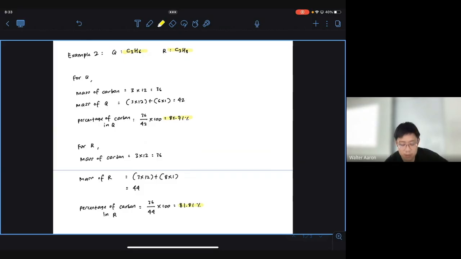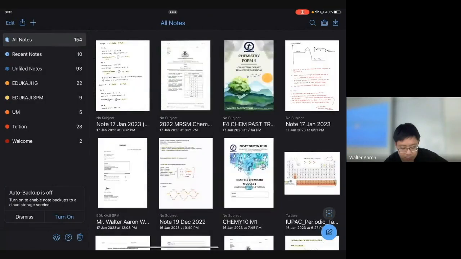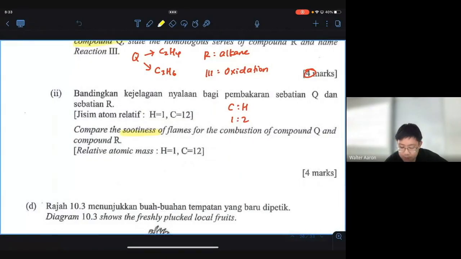That's why we see just now earlier, right? The part that we discussed just now is actually 4 marks in total. Okay, if you were to just mention the fact that Q has a higher percentage of carbon compared to R, but you don't justify it using calculation, you don't get 2 marks. They will deduct 2 marks from you, which means you said that the flame of Q has more soot than R because Q has a higher percentage of carbon.